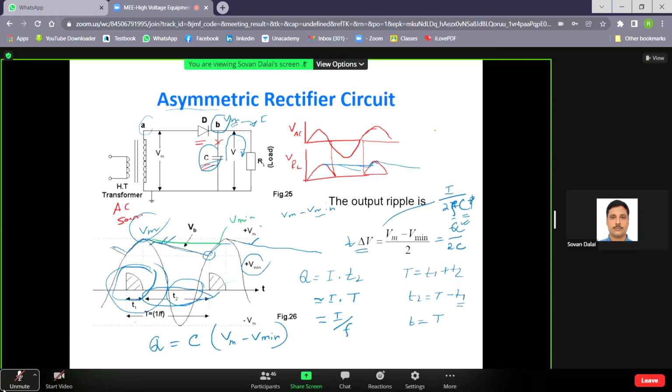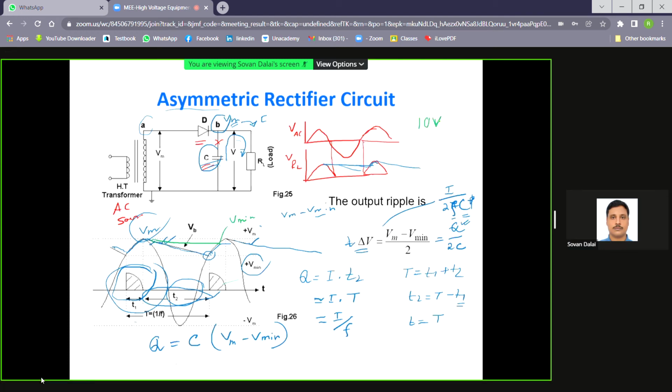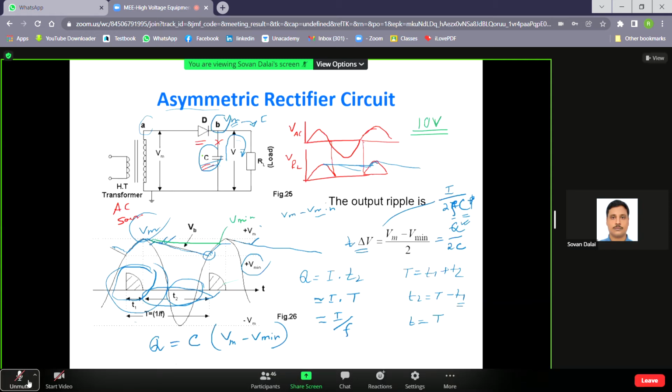Say suppose a diode operating for, say, electronics level for 10 volt. This is the operating voltage. But here, the design of the diode or selection of the diode depends upon what is the voltage applied across the diode during the reverse bias condition.